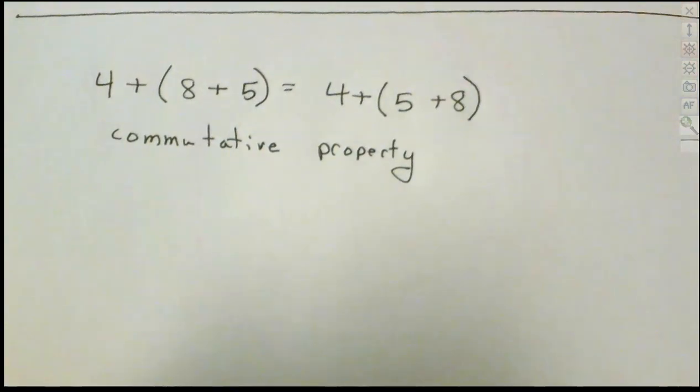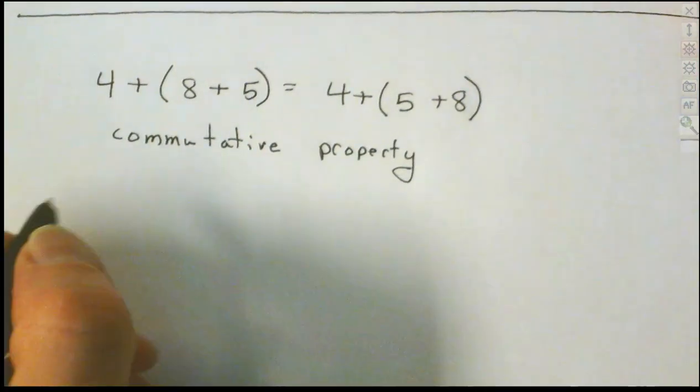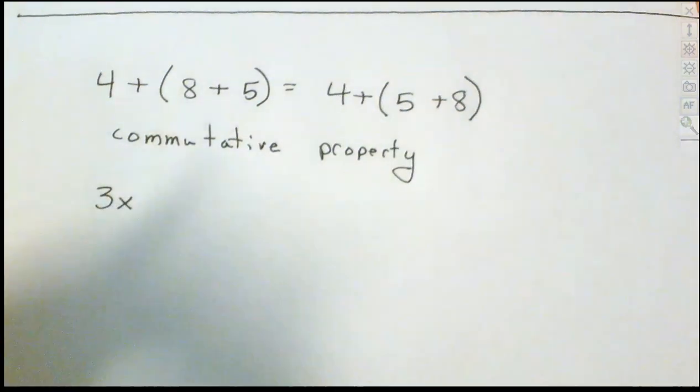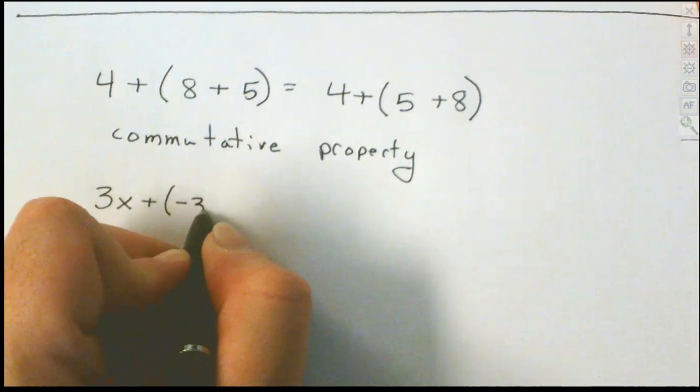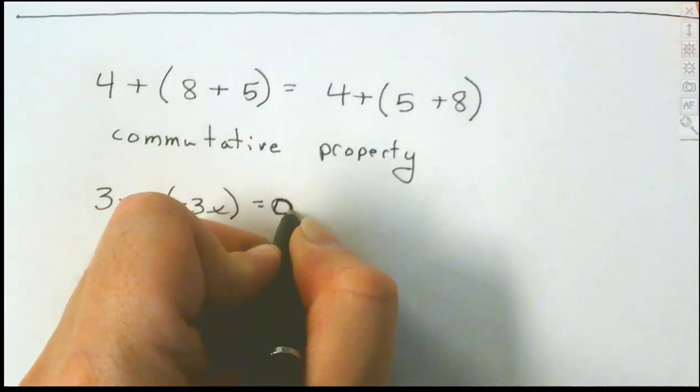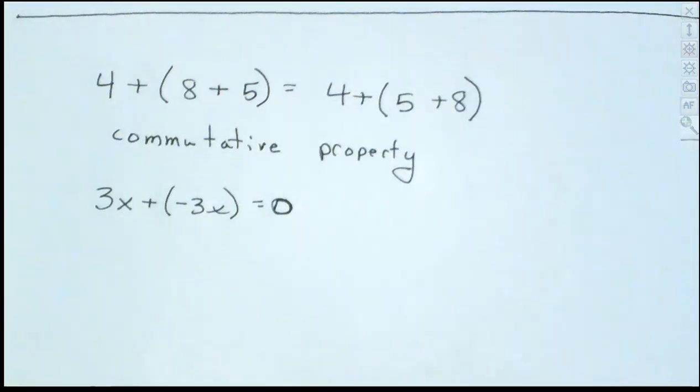Let's try another one. How about 3x plus a minus 3x equals 0. What property would this be? Well, okay, now when we go back and we look at our properties, which one has the 0 in it?